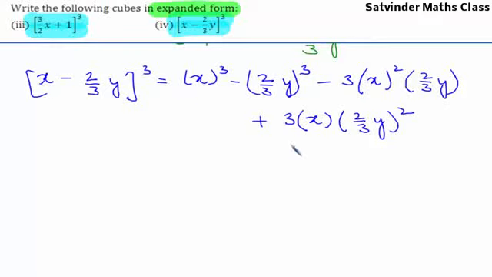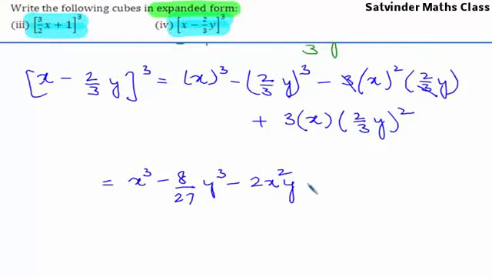Now let us simplify this expansion. We will get x cube minus, now (2 by 3 of y) whole cube would be 8 by 27 y cube, minus, we can cancel this 3 and this 3, we will be left with 2x square y, plus, now we have (2 by 3 y) whole square would give us 4 by 9 y square, but this 3 will get cancelled and you will get the answer as 4y square x by 3.